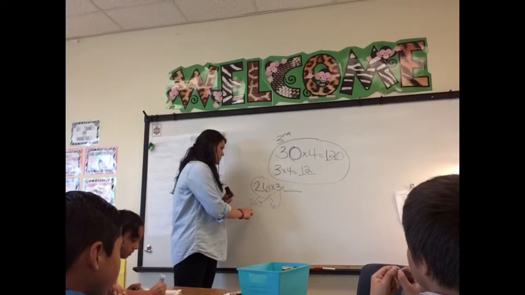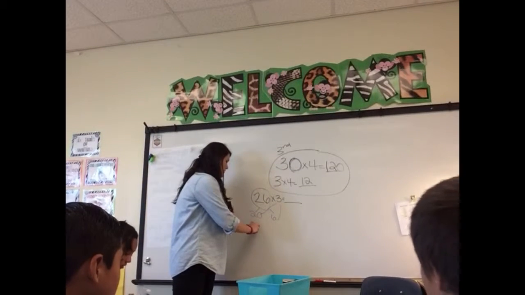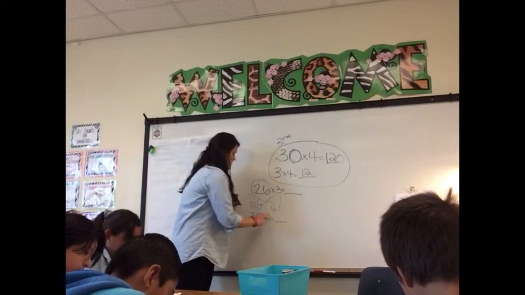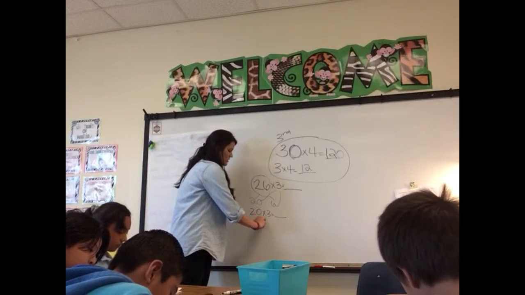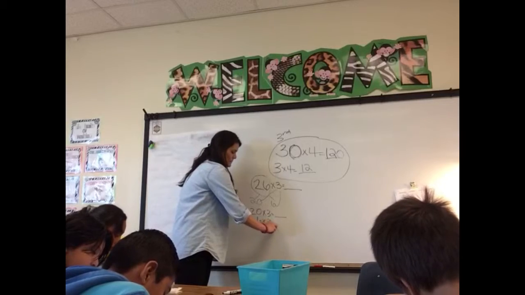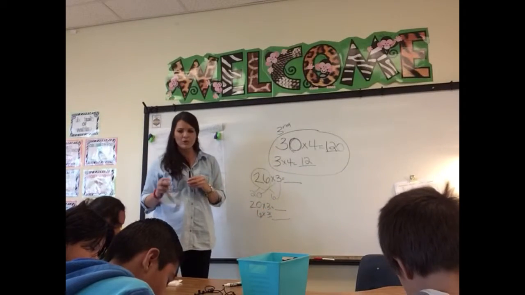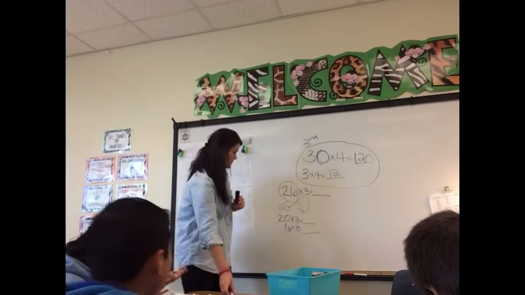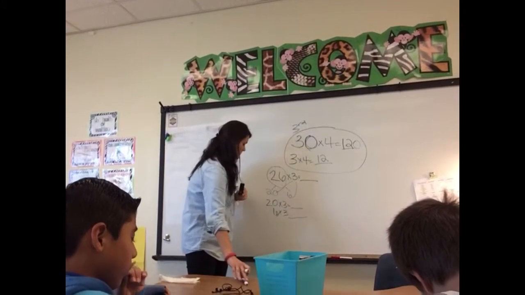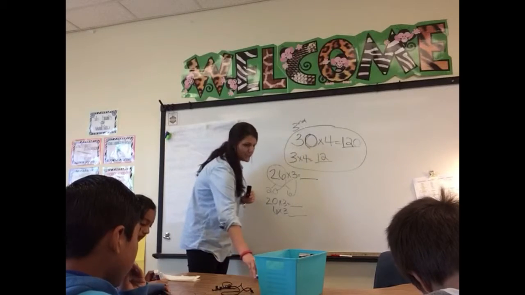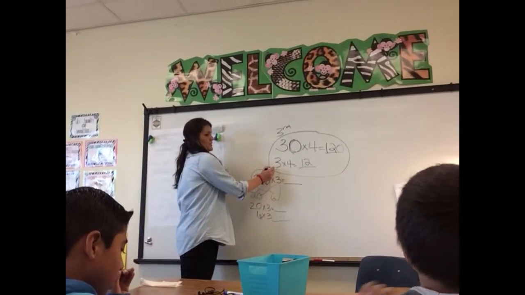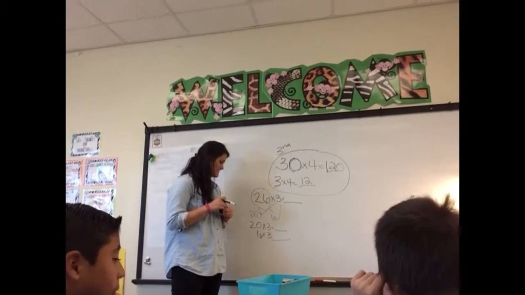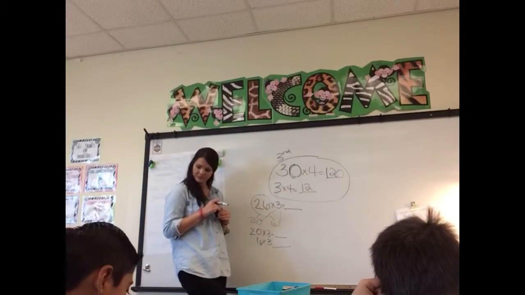Okay, so we have the equation 20 times 3, and we have the equation 6 times 3. What do you guys think we're going to do next? For 20 times 3, you can use the strategy we used here, right? 2 times 3.